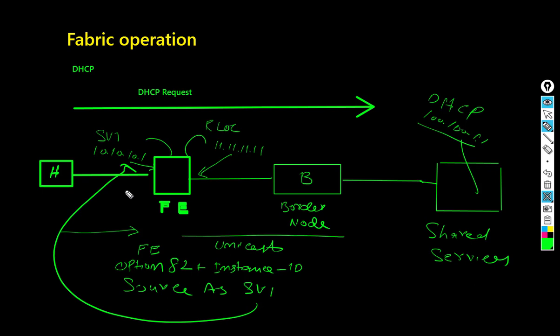Now let's take a look at how the return packet would work when the DHCP server replies to the request. When the response from the DHCP server is sent back towards the endpoint, it goes through the following process.